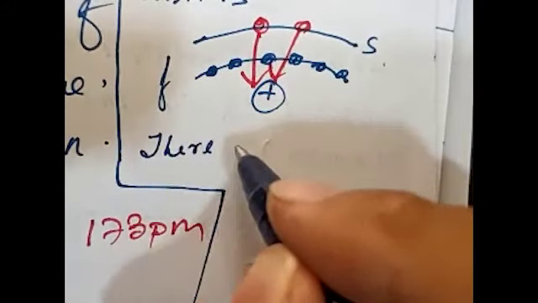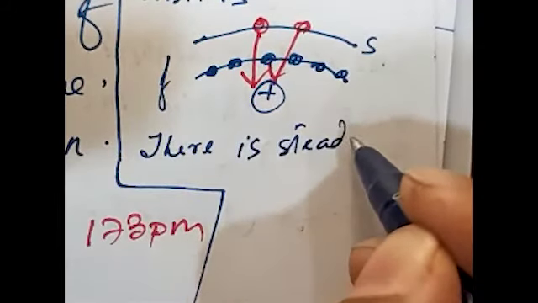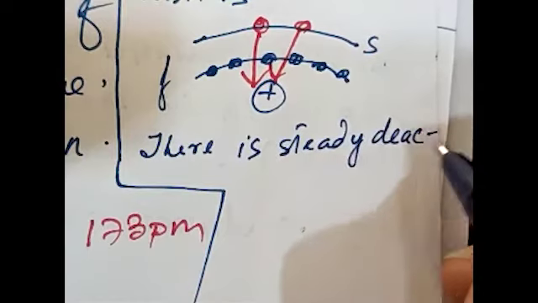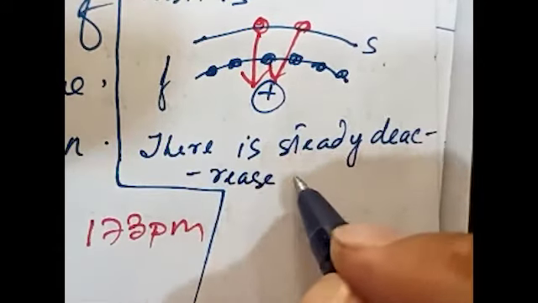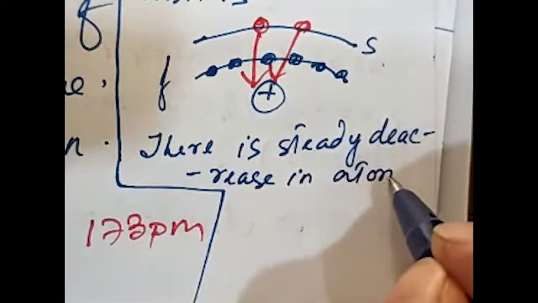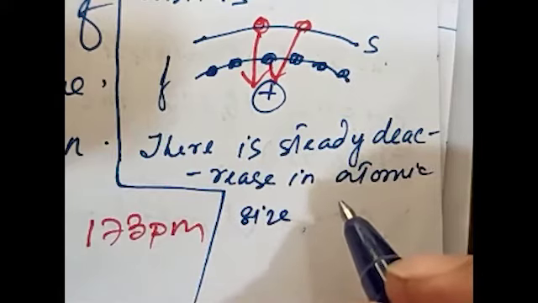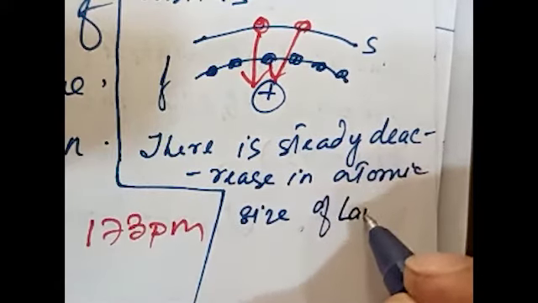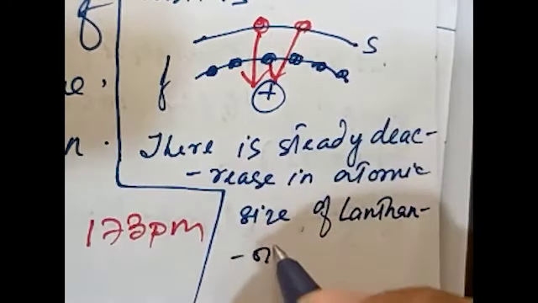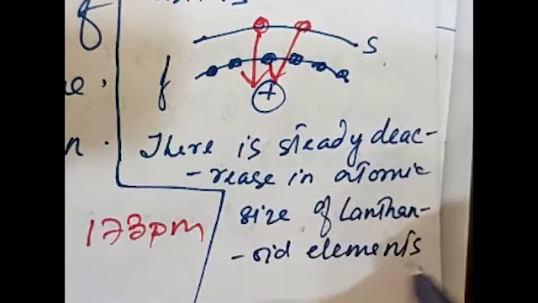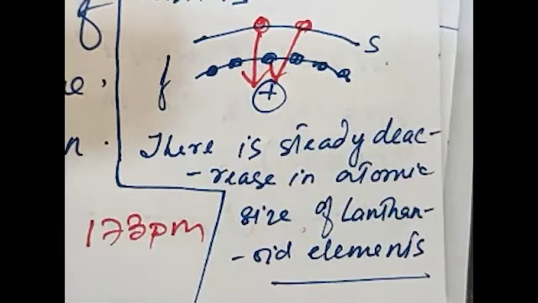There is a steady decrease in atomic size of lanthanoid elements. Okay, there is a steady decrease in the atomic size of lanthanoid elements. Just a few more points, it will be over after that.